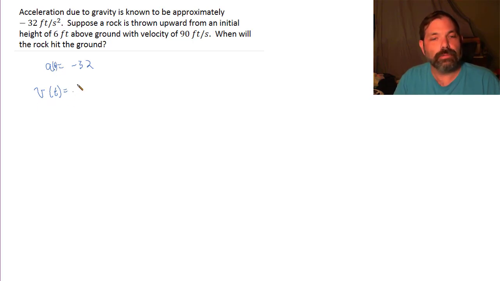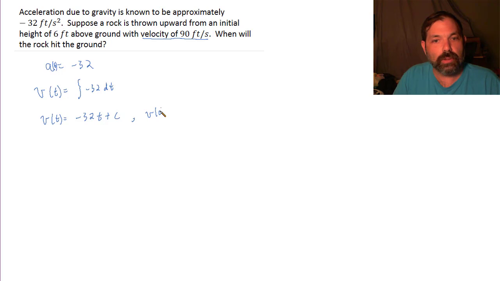The velocity function would then be the integral of negative 32 dt. So then the velocity function is negative 32t plus a constant.